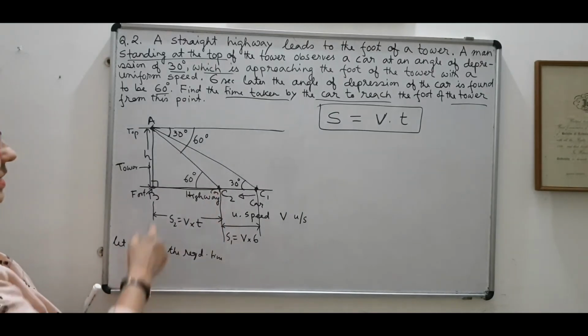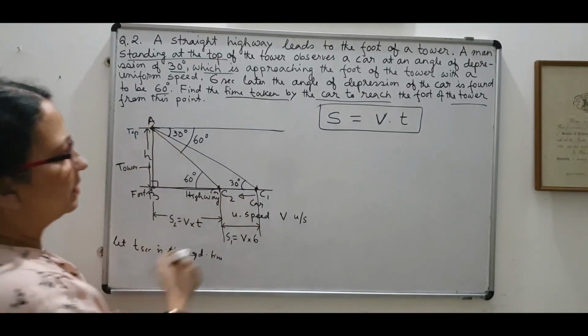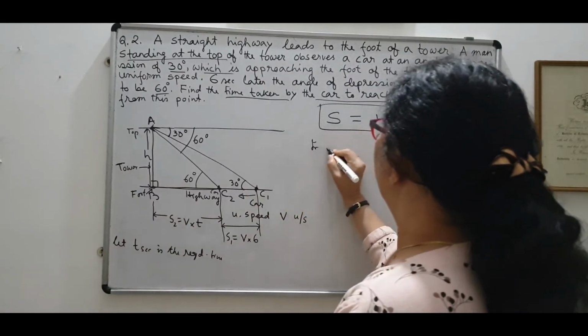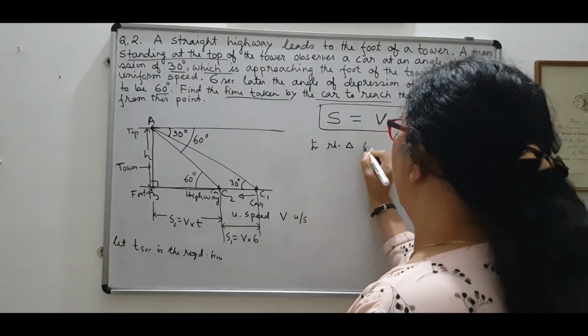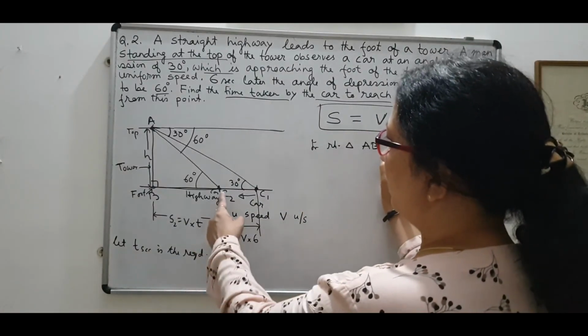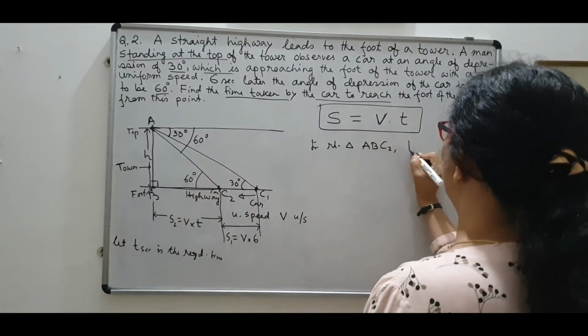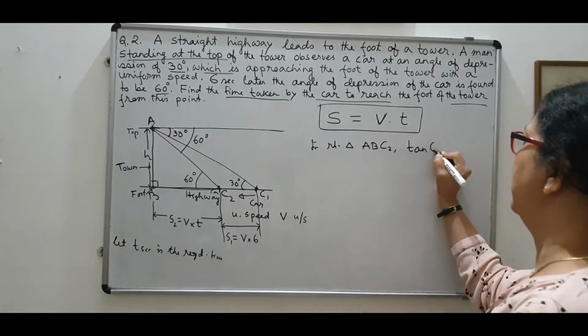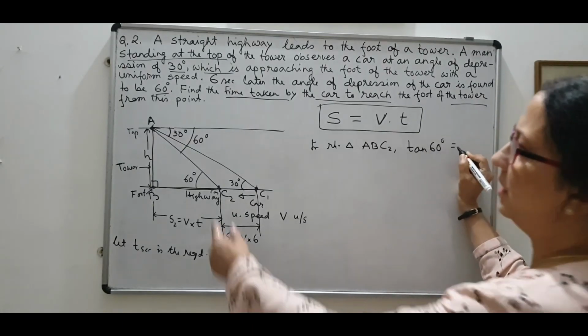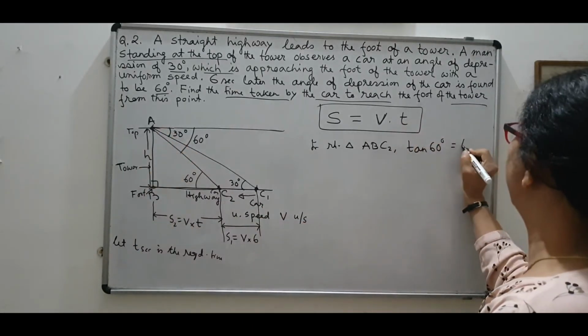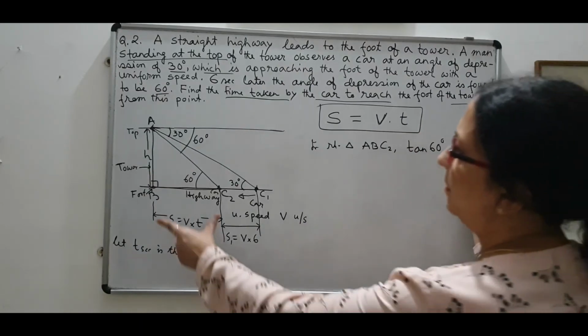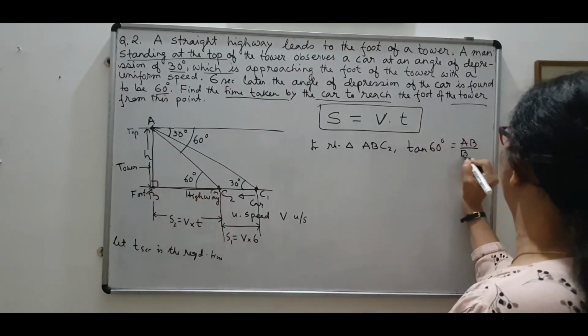So now we'll apply in the triangle ABC1, or let me first write in the right triangle ABC2, the smaller one. This angle is 60 degrees. So tan 60 degrees is equal to perpendicular, which is AB, and base is BC2.